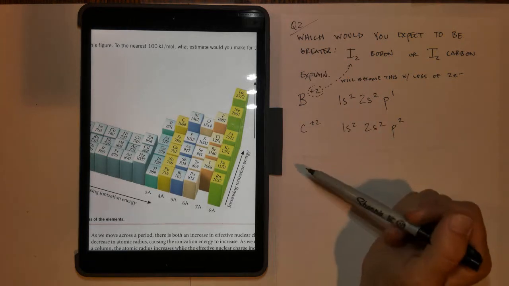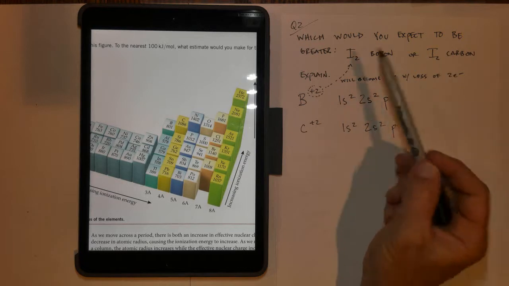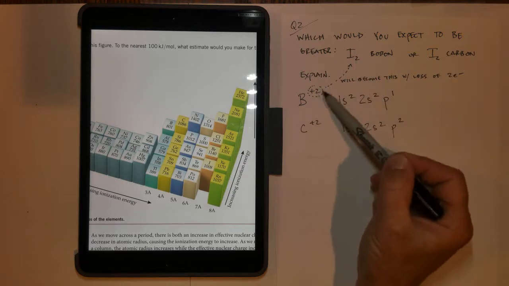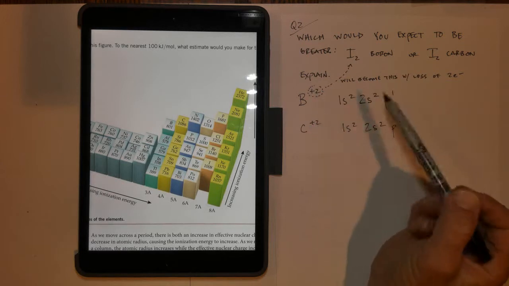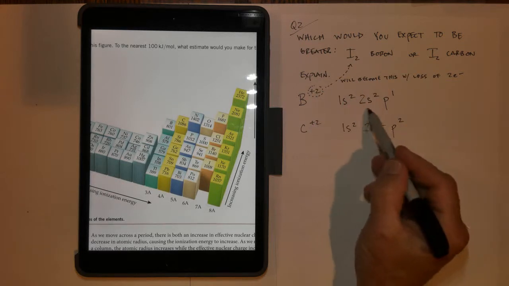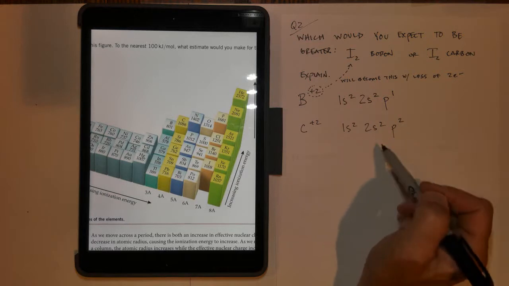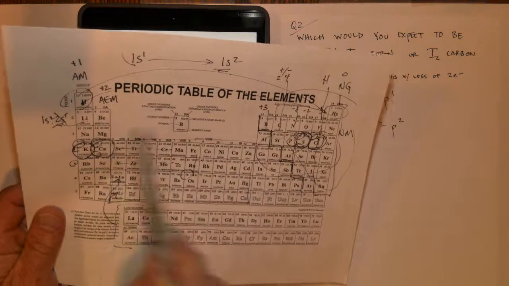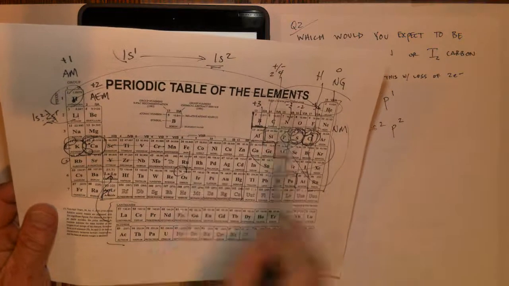So when something loses or is ionized twice, second ionization energy, it would become a +2 ion. So I put +2 above both of those. These are the electron configurations before it lost any electrons. Carbon, once again, 1s2, 2s2, 2p2. Boron, 1s2, 2s2, 2p1.